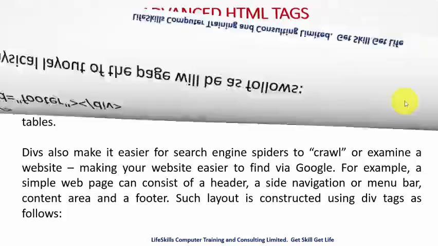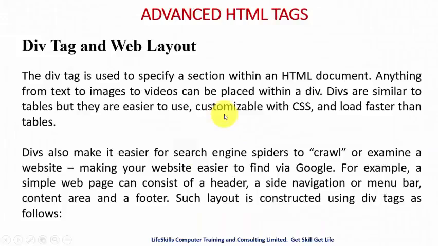Divs are similar to tables, but they are easier to use. They can be customized with CSS and they load faster than tables. I told you that in the olden days, we used table to lay out our site. But now we're going to be using div.